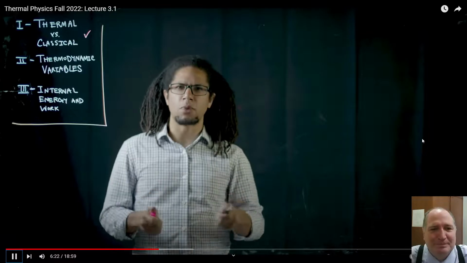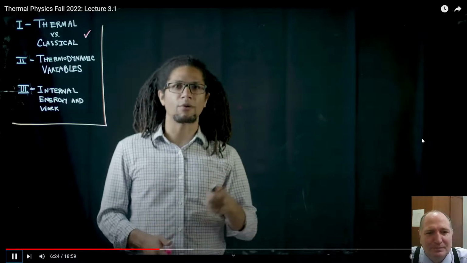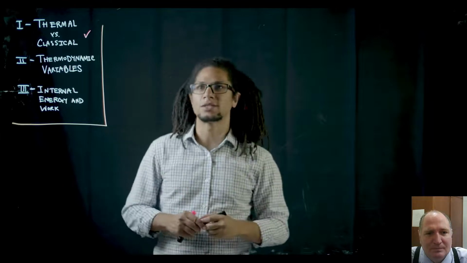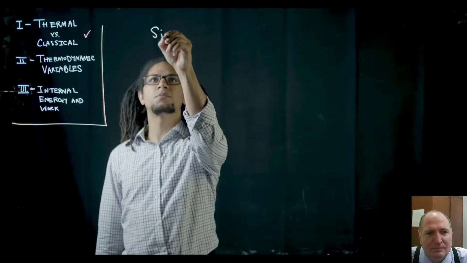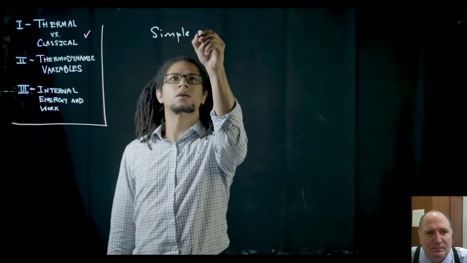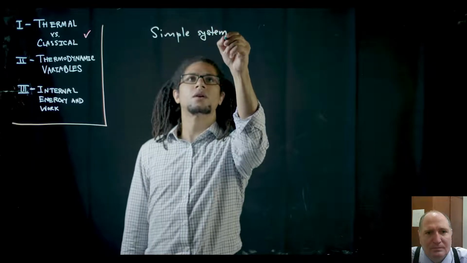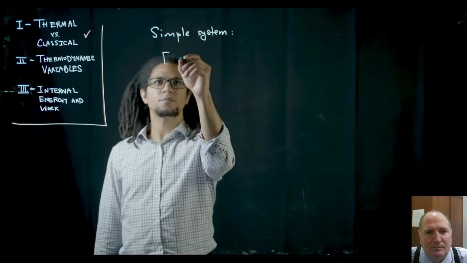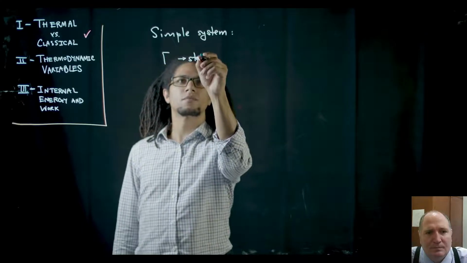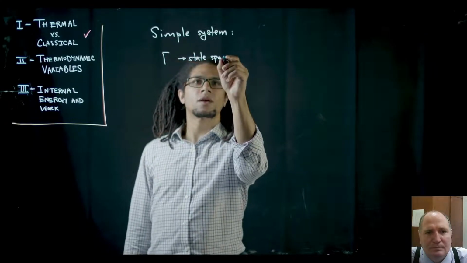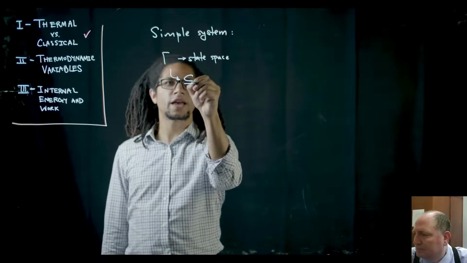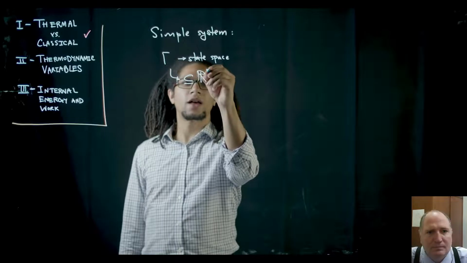Simple system as a model. We're not going to talk about how we would spot one in the wild until we have laid the model out itself. So we said that a simple system has a state space gamma, and this state space is some kind of subset of R^M.